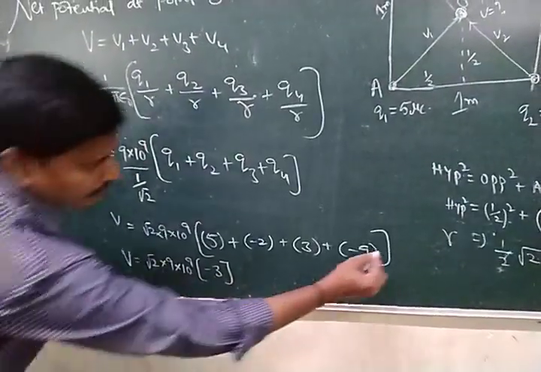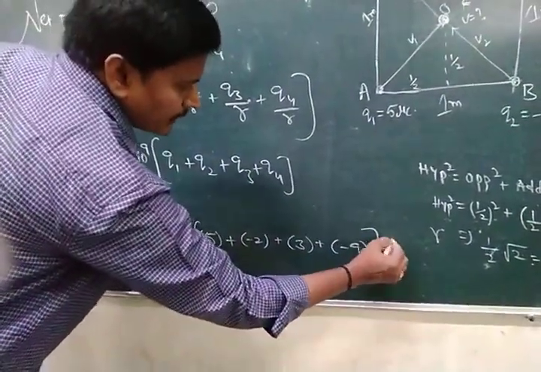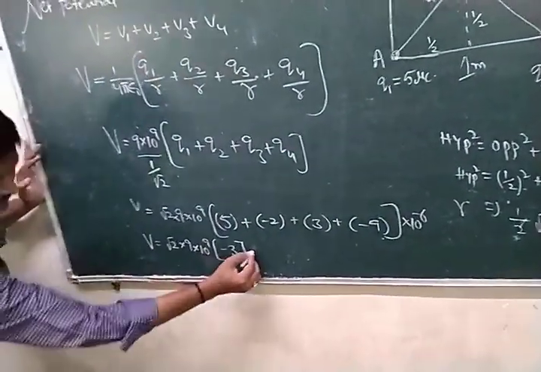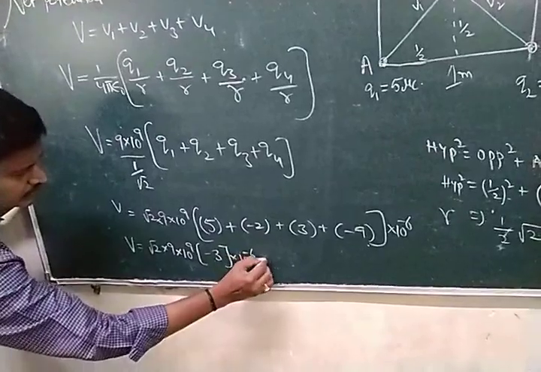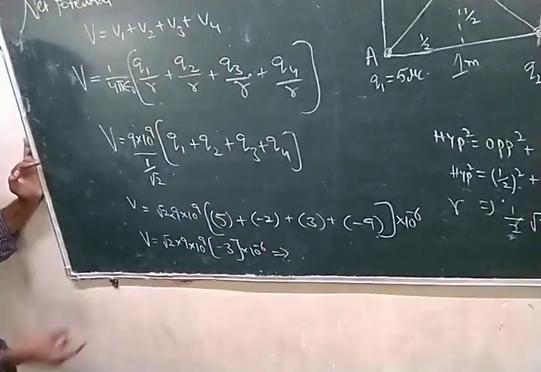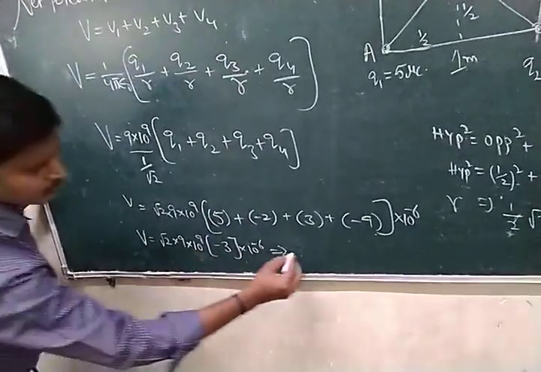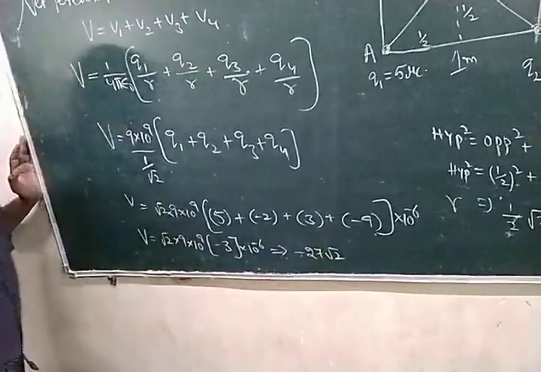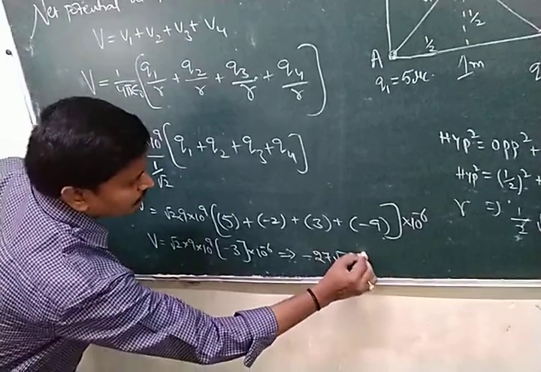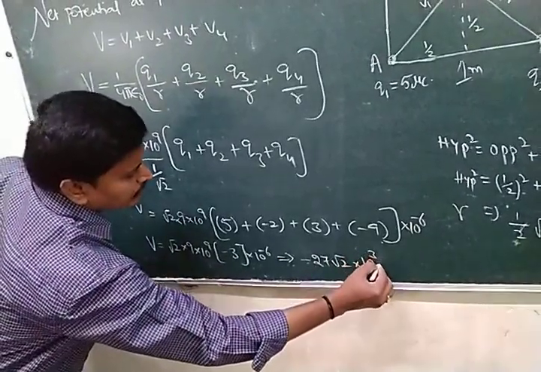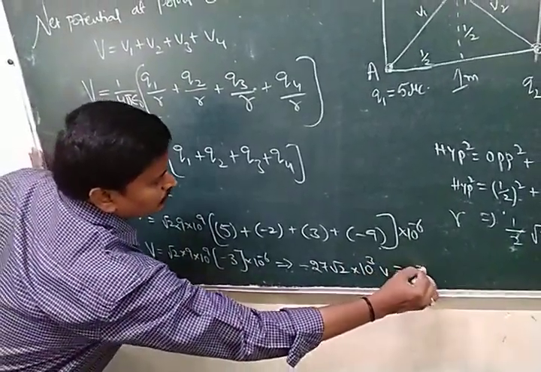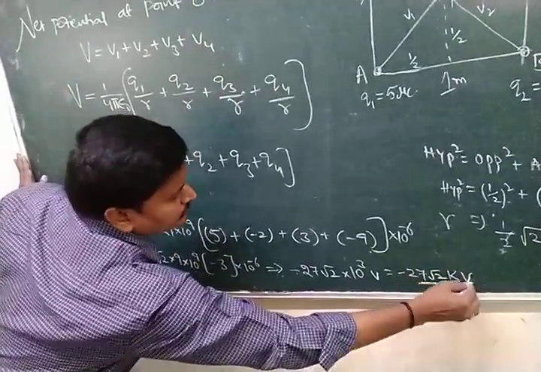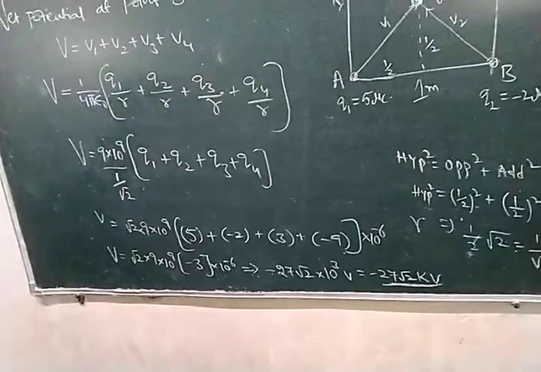Then microcoulomb means 10 power of minus 6, so 1 microcoulomb is 10 power of minus 6. So 3 nines are 27, minus 27 root 2 into 10 power of 3 volts, that is equal to minus 27 root 2 kilovolt. Simple.